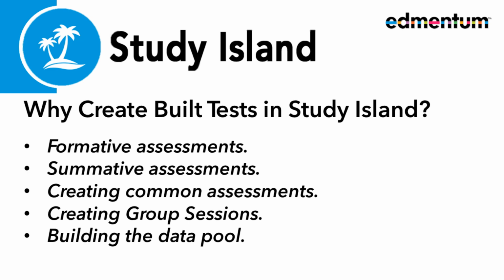You can create a spiraled assessment, so if you want to track your students' progress toward mastery of content throughout the year, to make sure they are on pace to master those skills by the end of year assessment, you can create those types of assessments as well. Those can also serve as the foundation for your group sessions, your Kahoot-style game.